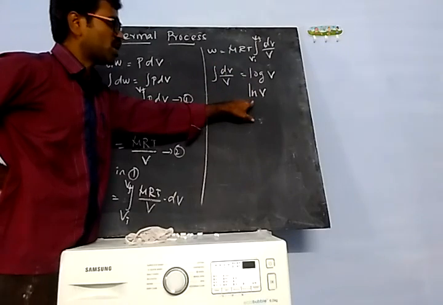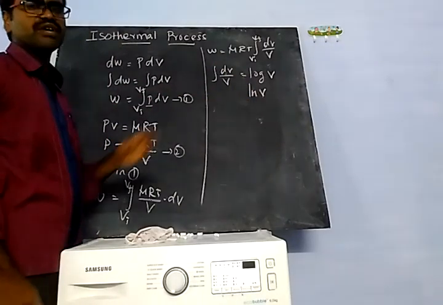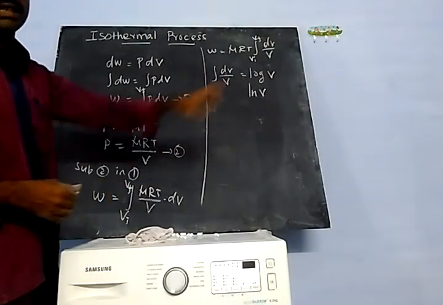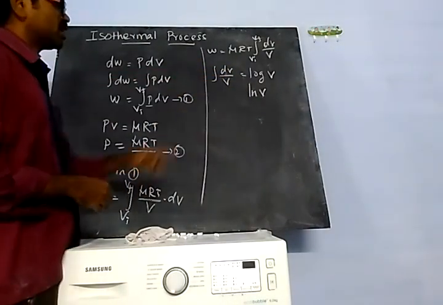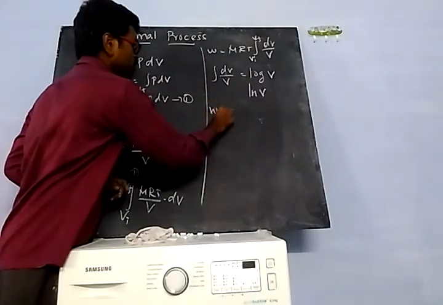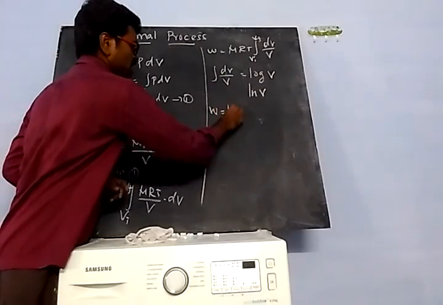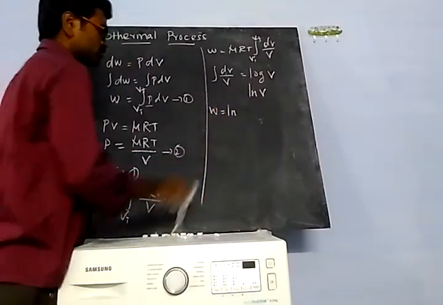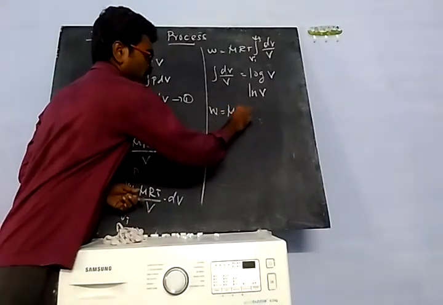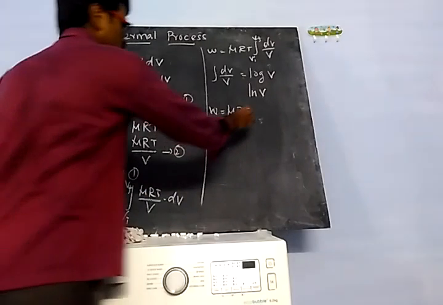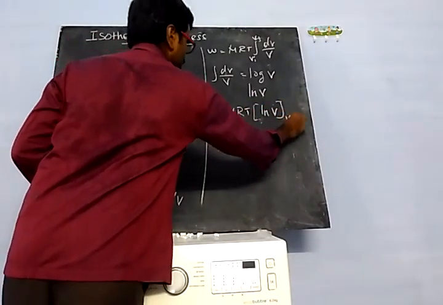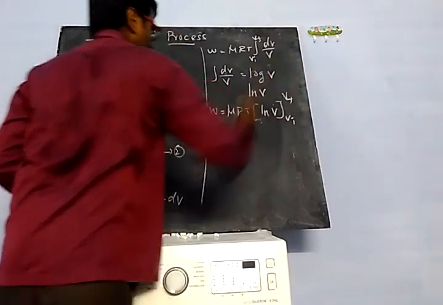This is the natural logarithm of V. In science you use the natural logarithm, so this ln represents the natural logarithm of V. Then W is equal to mu RT times the natural logarithm of V from initial volume VI to final volume VF.